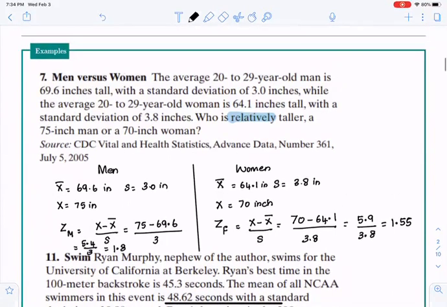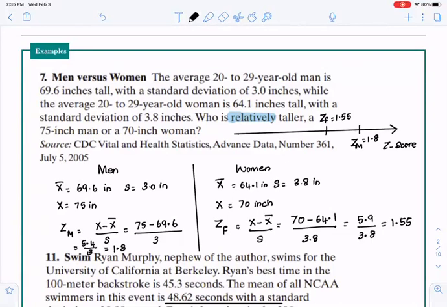So if I drew the z-score scale, that is our ranking scale, male is at 1.8, female is at 1.55, we can make a direct comparison and conclude, relatively speaking, the 75-inch man is going to be greater than the 70-inch woman.